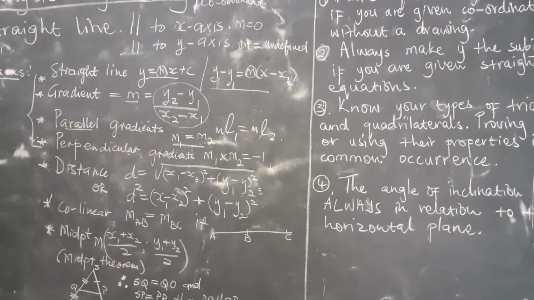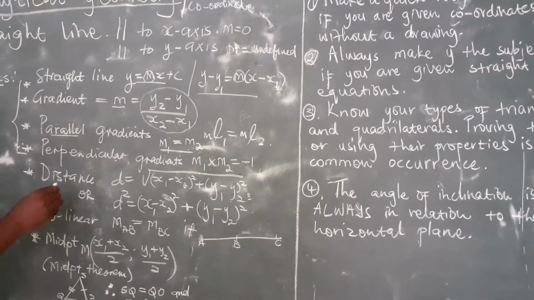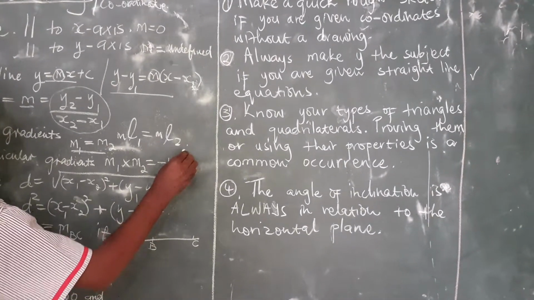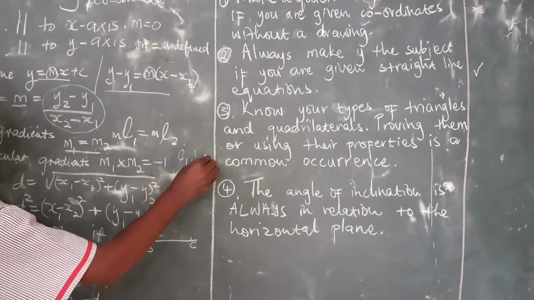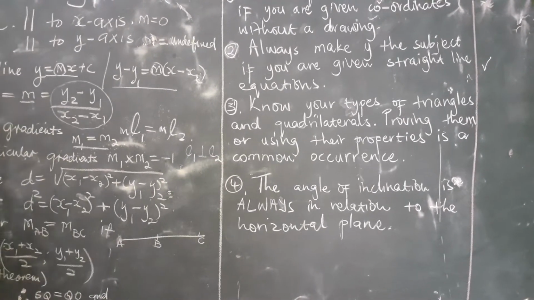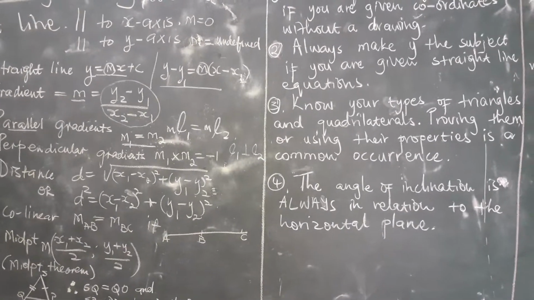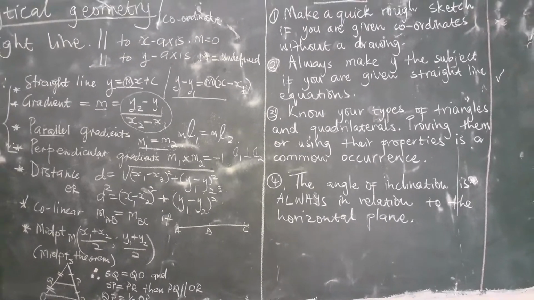But when the lines are perpendicular to each other, that means if line 1 is perpendicular to line 2, when you multiply their gradients, the product must be equal to -1.